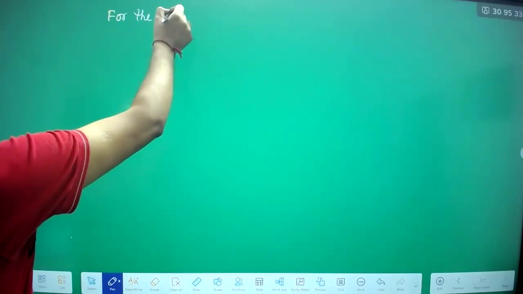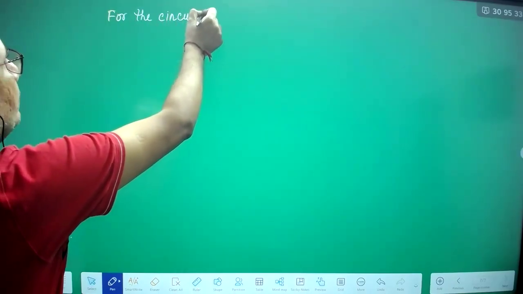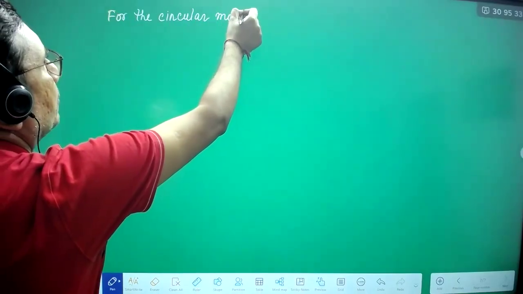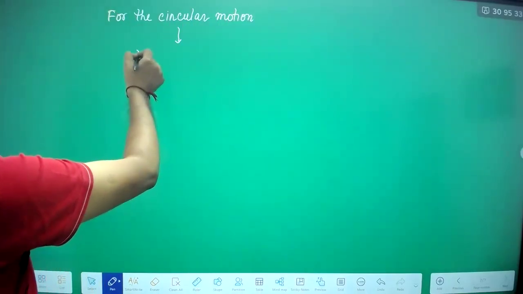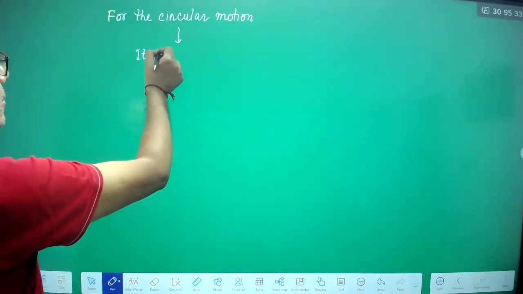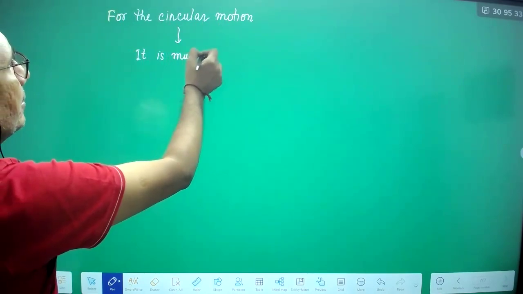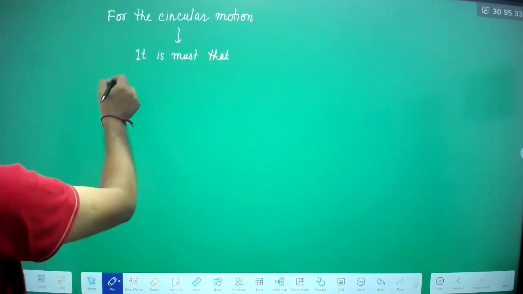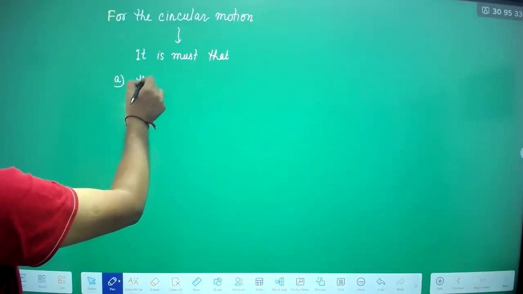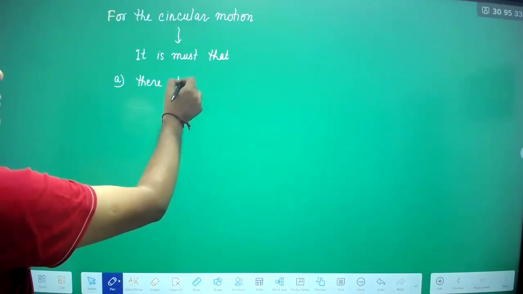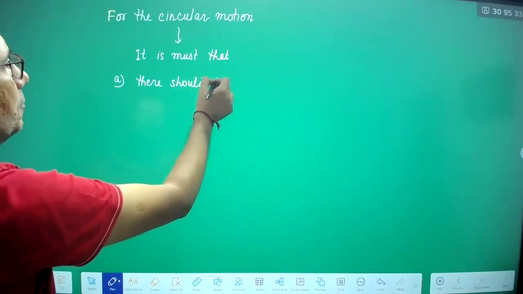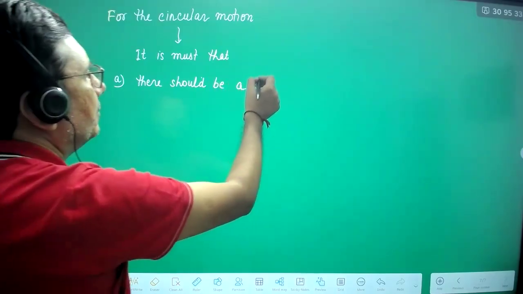But even before that, for any type of circular motion, it is a must that there should be a tangential velocity, Vt.